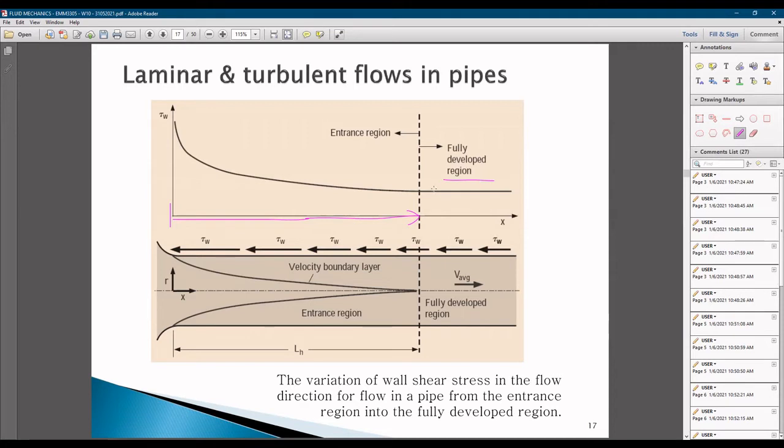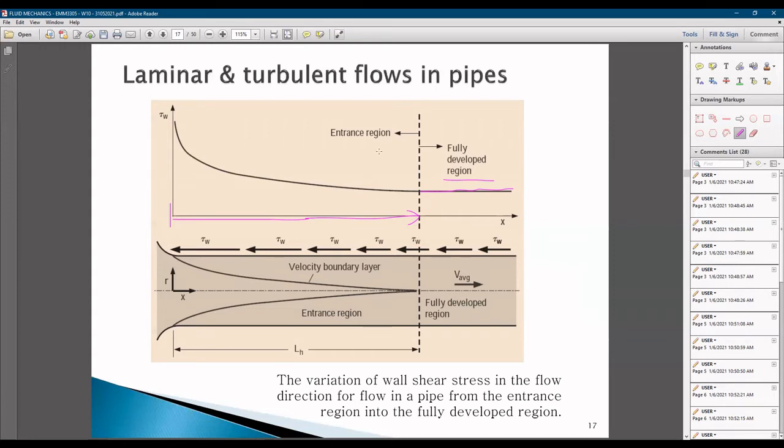From this point onwards, you can see that this line becomes constant. It doesn't change along the x-axis as it moves to the right. That is what we call the fully developed region.